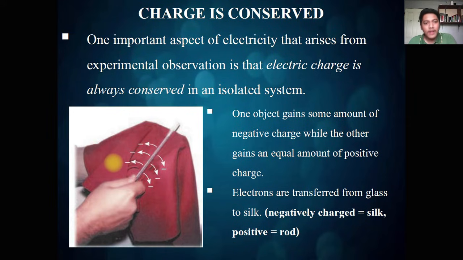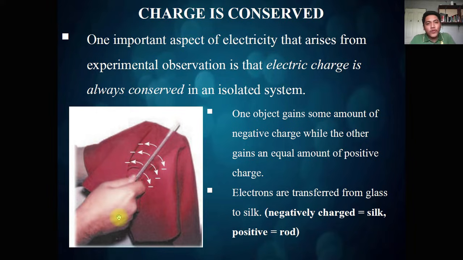The amount of charge lost by the glass rod is equal to the amount of charge that the silk has gained. So the amount of electrons gained by the silk is the amount of electrons lost by the glass rod.